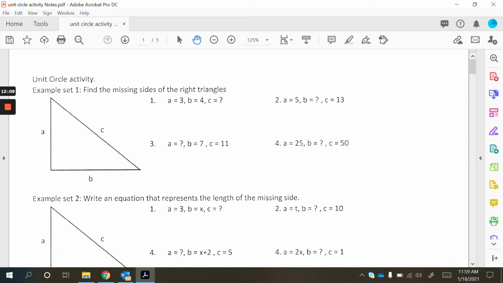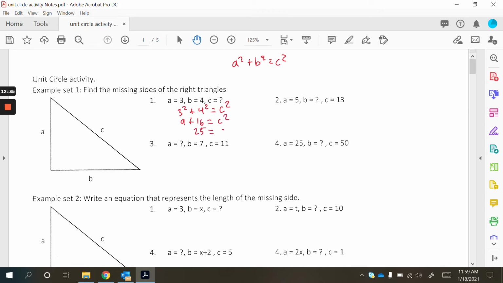So let's quickly review Pythagorean theorem. So it is a squared plus b squared equals c squared. So in this case, a squared plus b squared is equal to the c squared we don't know. And then we can just begin simplifying.